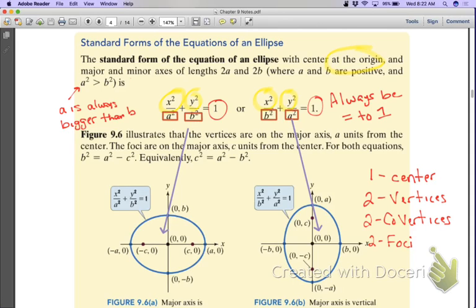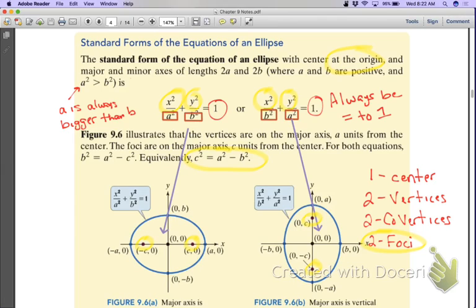Your foci are these 2 points here, the points inside on your major axis. How do you find those 2 points? A squared minus B squared.